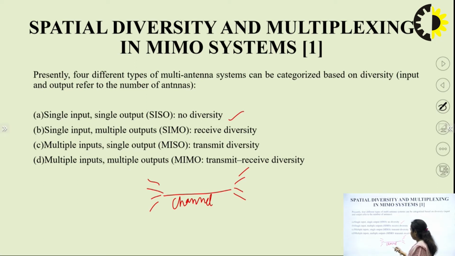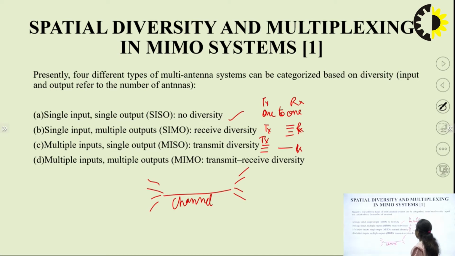This is the case of one transmitter, one receiver. Then single input, multiple output: one transmitter and more than one receivers. Multiple input, single output: this will be the receiver, this will be the transmitter.